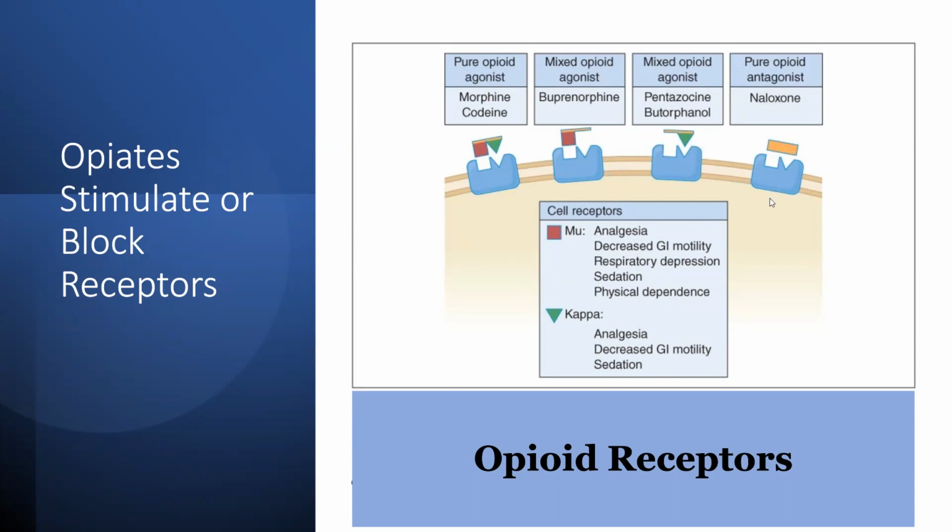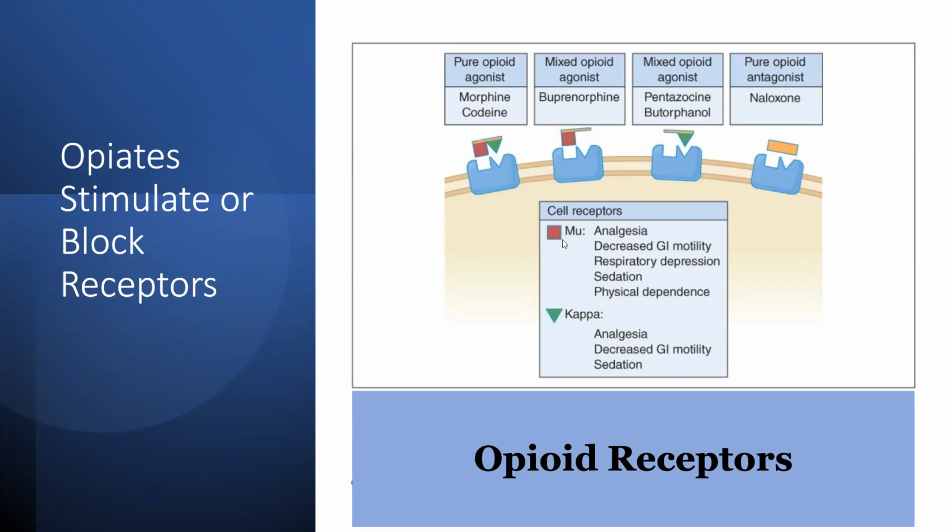Now again, the mu and the kappa receptors. If they are going at the mu receptor, they are causing analgesia, decreasing GI motility, causing respiratory depression, giving sedation, and causing physical dependence. So we can remember this: any morphine or codeine containing drugs are always pure opioid agonists.